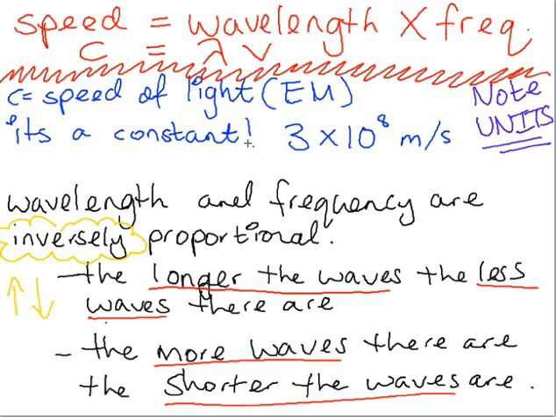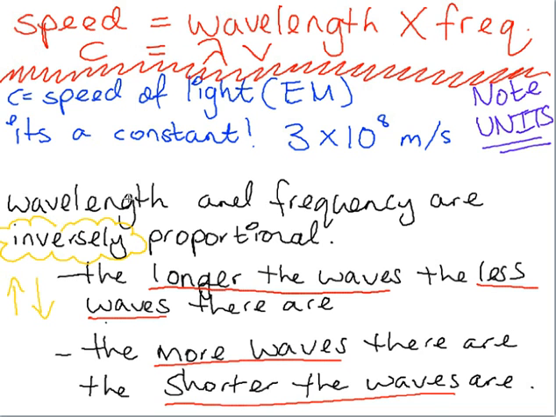No matter what type of light you have, it's always going to travel at this speed right here. Okay? And so if you have the wavelength and you have the speed, because it's a constant, you can just rearrange it to find frequency and so on.